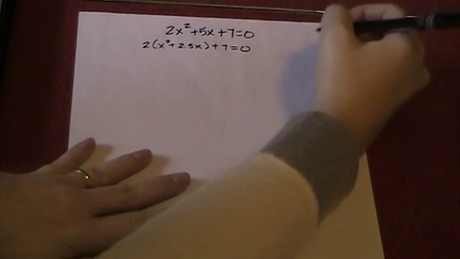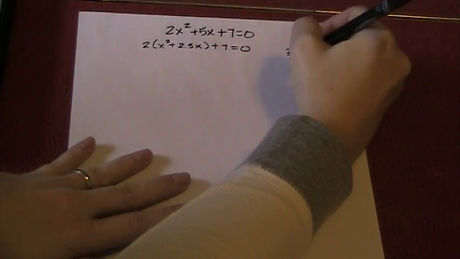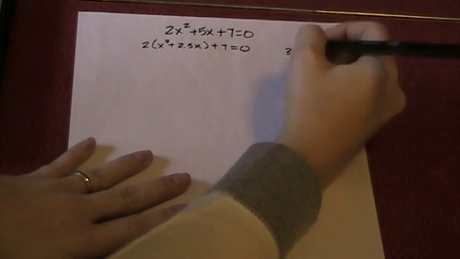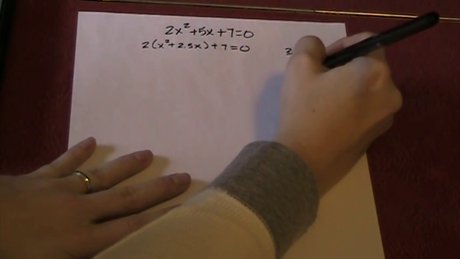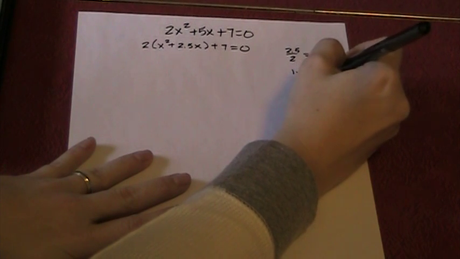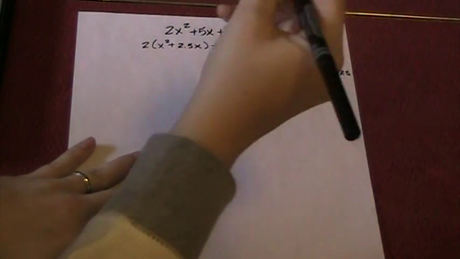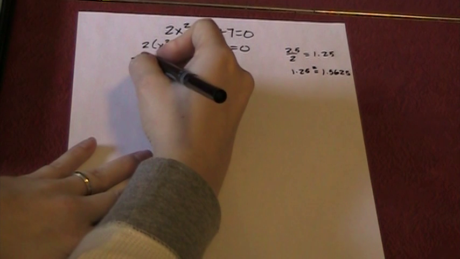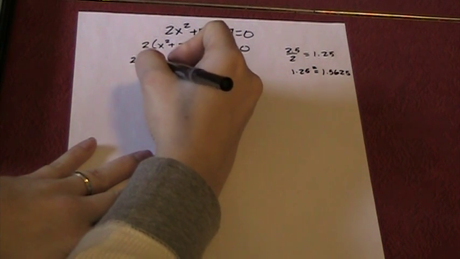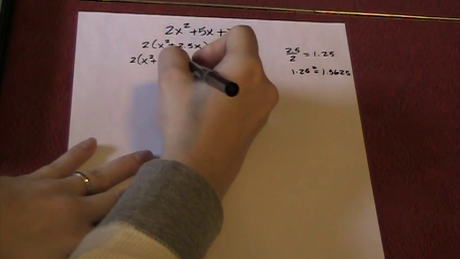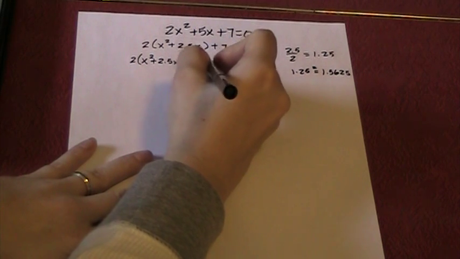So 2.5 divided by 2 is 1.25. And if I square that, I get 1.5625. So completing the square would look like this. 2 times x squared plus 2.5x plus 1.5625.